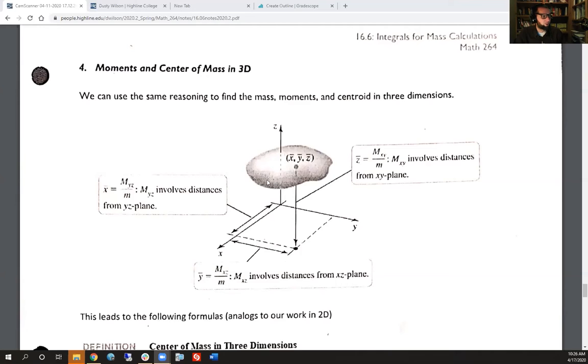In order to find the centroid in 3 dimensions, we're again going to need the mass, which will require evaluating a triple integral. And then rather than talking about the tendency to rotate around an axis, now we'll talk about the tendency to rotate around a plane.